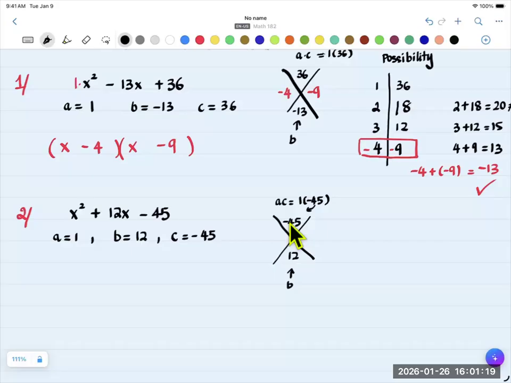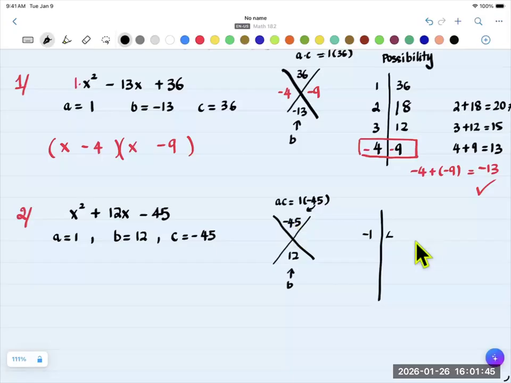We need to find two numbers that multiply to give you negative 45. Because the number we want is negative, the two numbers cannot have the same sign. They must have opposite signs. For example, if my first number is -1, then -1 times what gives you -45?